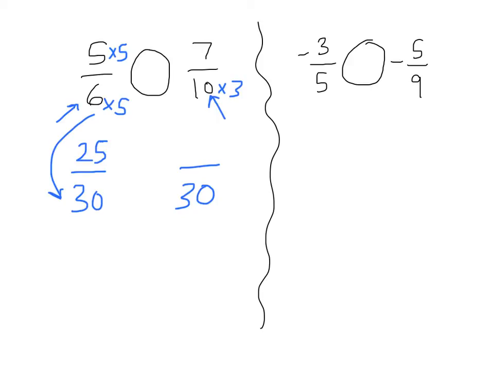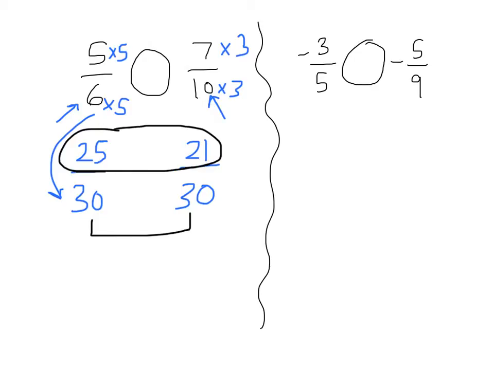So I'd also have to multiply the numerator by 3 to get 21. Now I have common denominators, so I'm only going to think about comparing my numerators. Which is greater, 25 or 21? Well, 25 is greater than 21, so 5/6 is greater than 7/10.